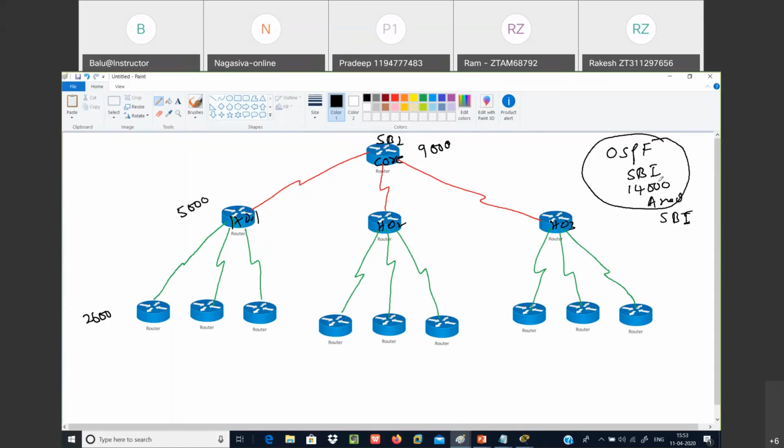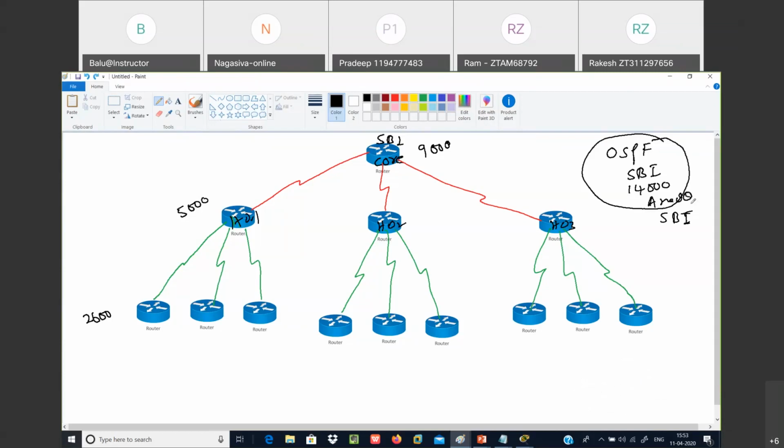So the number of routers under one administrator or one group we call an area. For SBI, the area has 14,000. For HDFC, maybe 5,000. It is a logical boundary. The default area is 0.